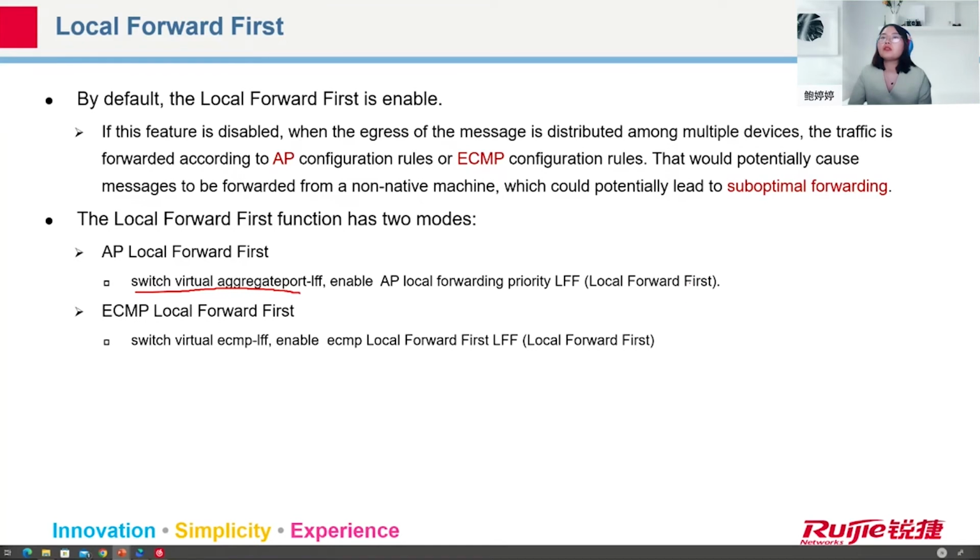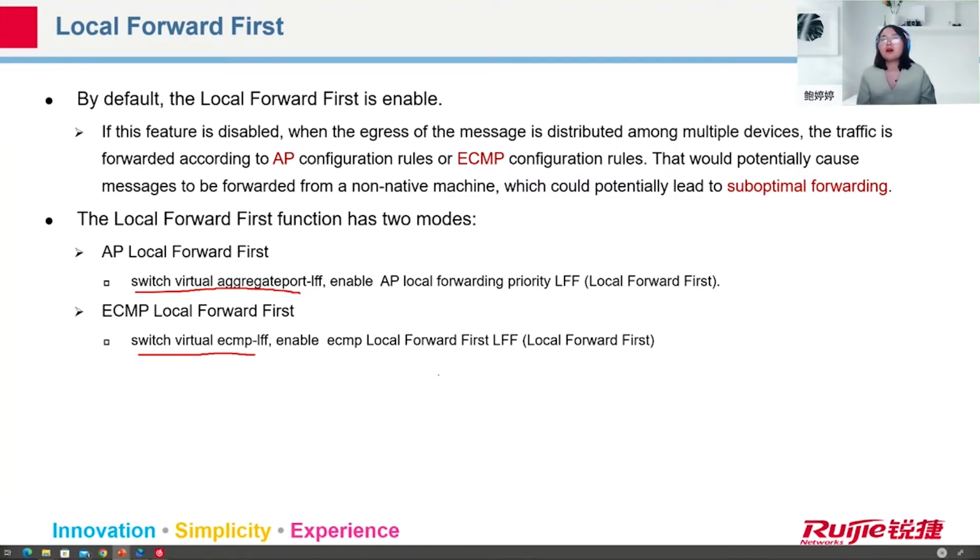LFF is local forwarding first. It enables the interface to give local forwarding priority. And for ECMP, the command is switch virtual ECMP LFF, and we can enable ECMP local forwarding first.